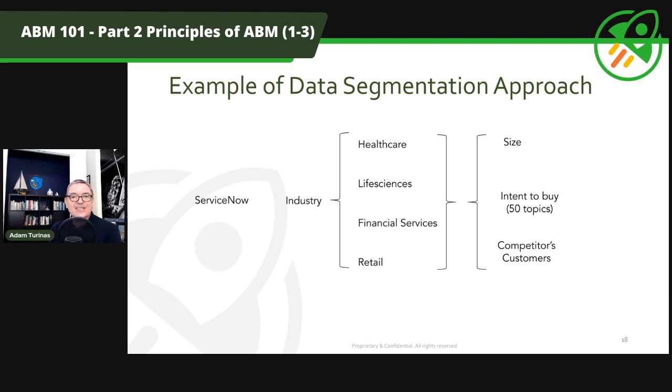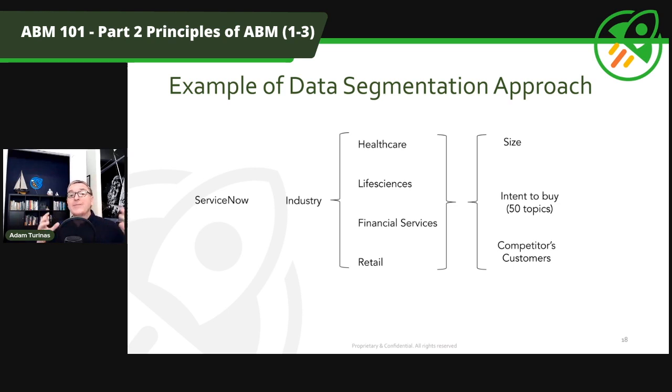The second is, there are several industries that they focus on: healthcare, life sciences, financial services, and retail are their key industries. They then segment those further by size, and then intent to buy, and I'll talk more about intent in a second, and also by which one of their competitors they currently use.